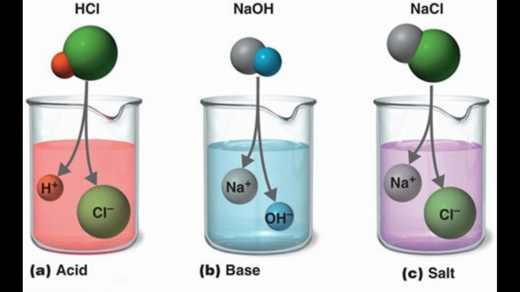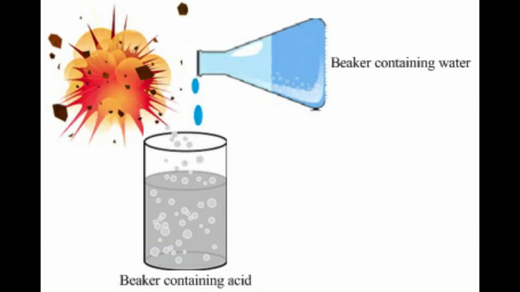But just remember that acid releases hydrogen ions in water and base releases hydroxide ions, which is the OH minus ion. Now when you mix an acid or a base in water, remember that this reaction is highly exothermic, which means you have to be really careful while pouring out an acid into water.